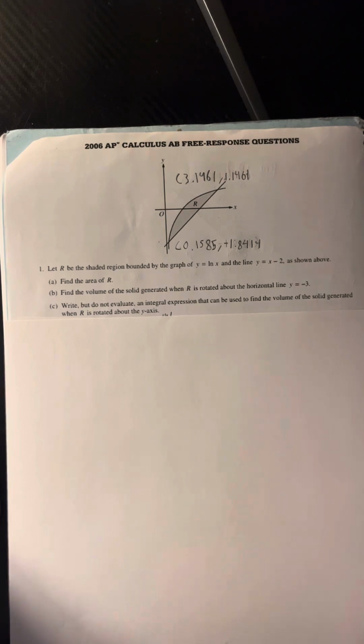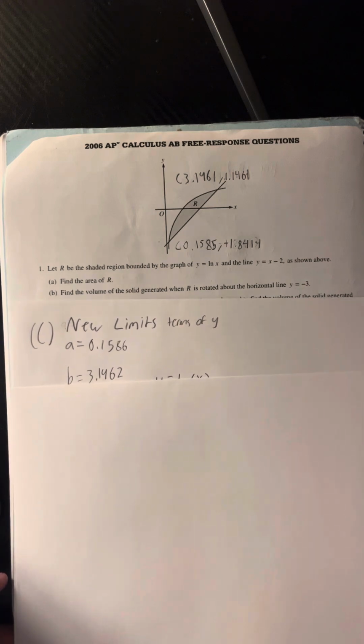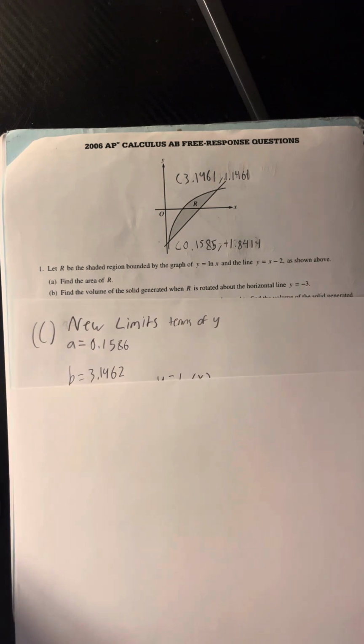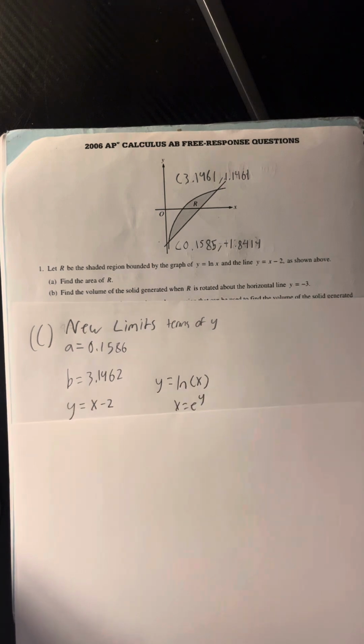So the first thing we have to do is adjust our limits, which these are our limits right now that we have been using. So our former values of a and b are 0.1586 and 3.1462. Now we can go in using one of the functions that are given in the problem, but I'm going to use a simpler one, which is y equals x minus 2.